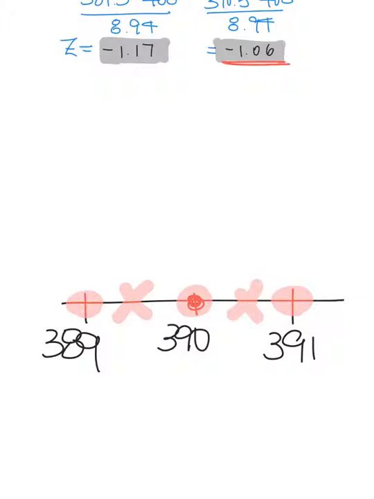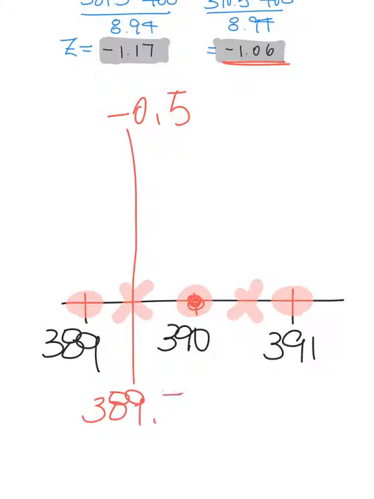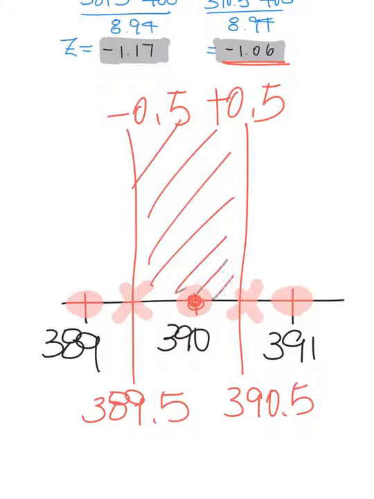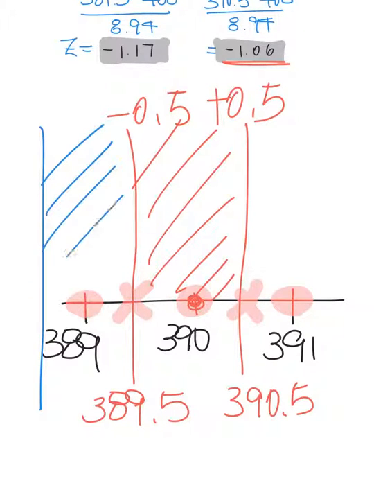That is the reason why we subtract 0.5 to take 389.5 and add 0.5 to take 390.5. How do you think? Who is this one for?